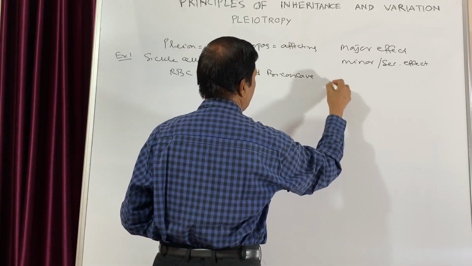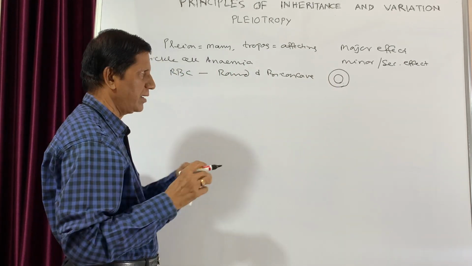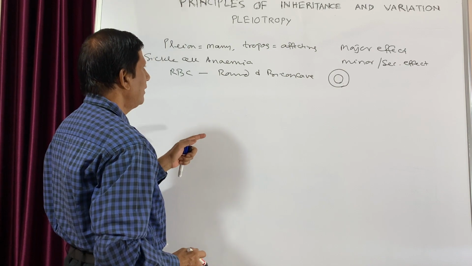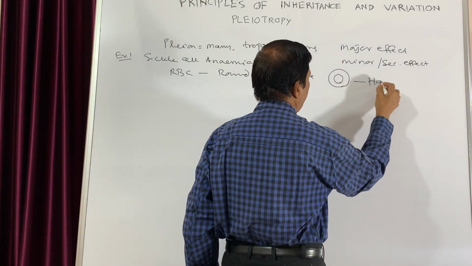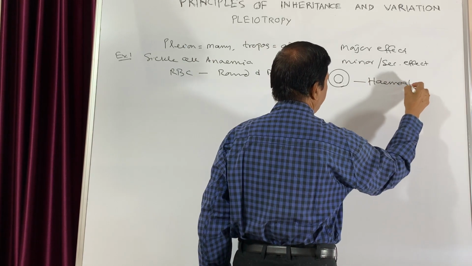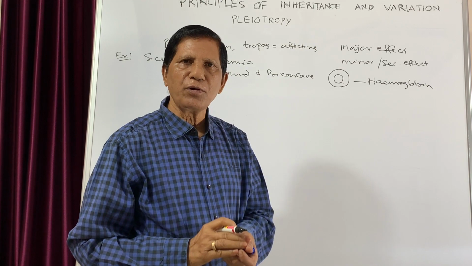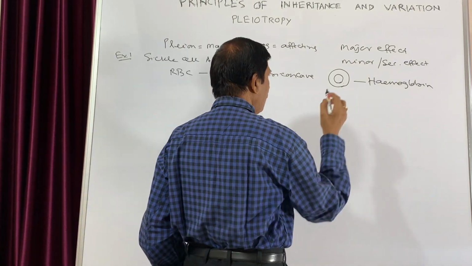That means it looks like this, round and biconcave. That means there is a depression in the middle. And the RBC contains one important protein, or pigment, which is hemoglobin. What is the main function of hemoglobin? It usually carries oxygen.